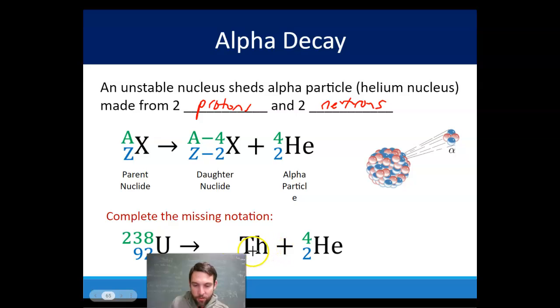So first thing I want to do, thallium must be, without even using a periodic table, atomic number 90, because 92, 2. This arrow you can think of as an equal sign. 90 plus 2 equals 92 on the right, 92 on the left. We're good there. 238 minus 4 should give us 234. 234 plus 4 is 238 on the right, 238 on the left. We're good.